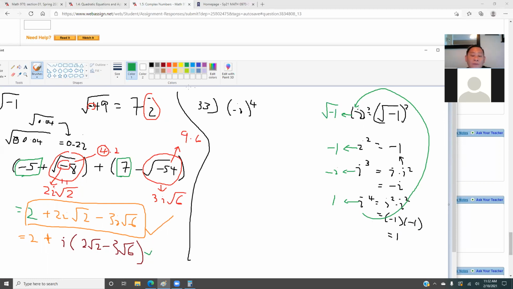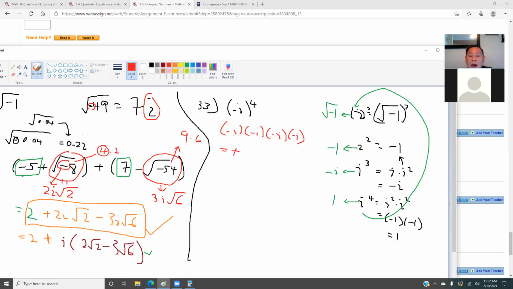So when you have negative i to the 4th for this question, it means negative i times negative i, done 4 times. That's the meaning of power 4. Since we have 4 negatives, what's negative times negative times negative times negative? They all become positive.